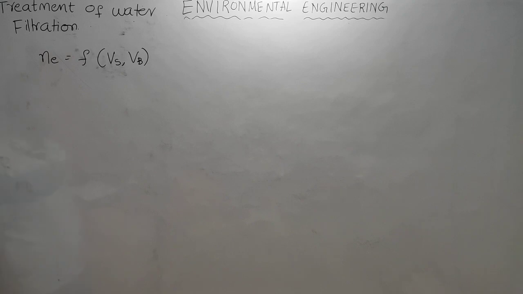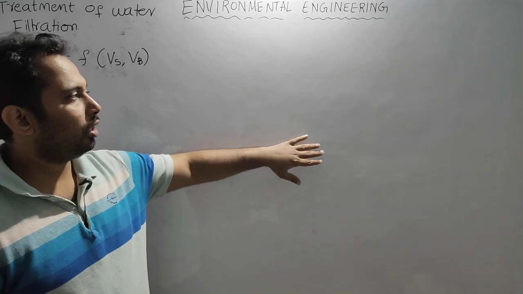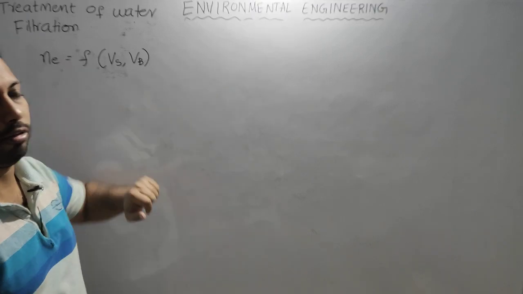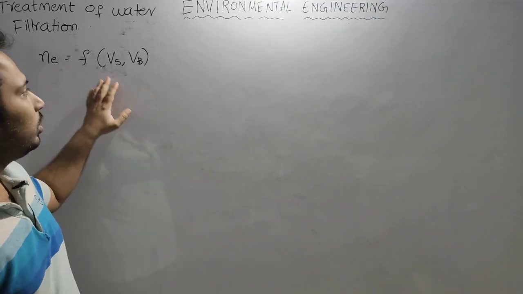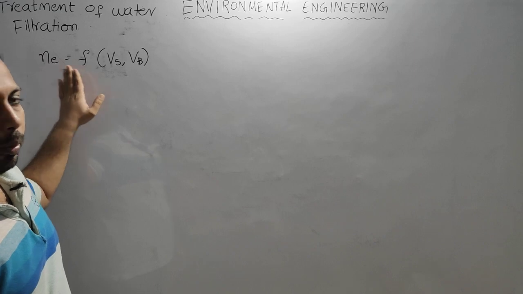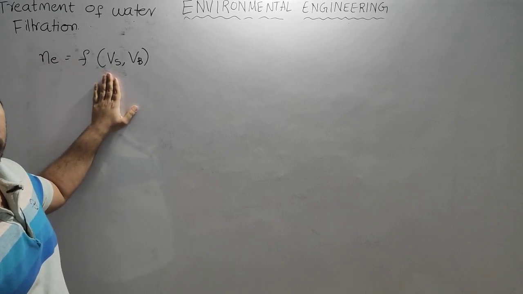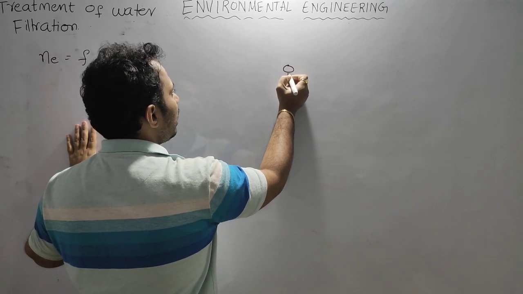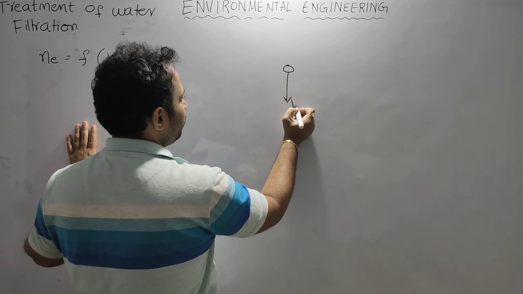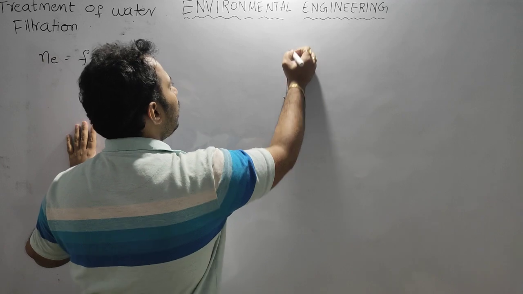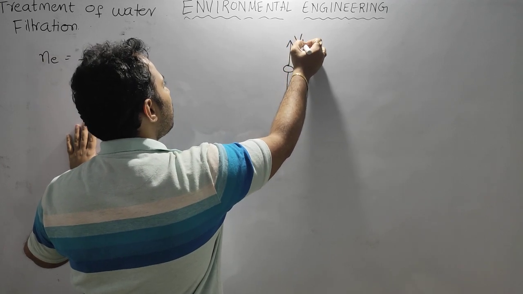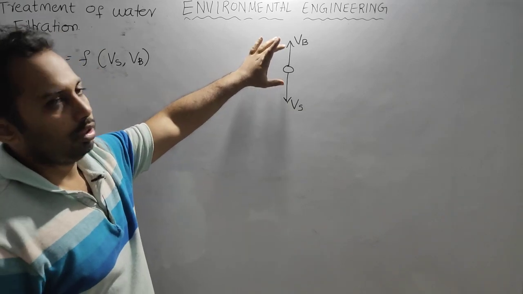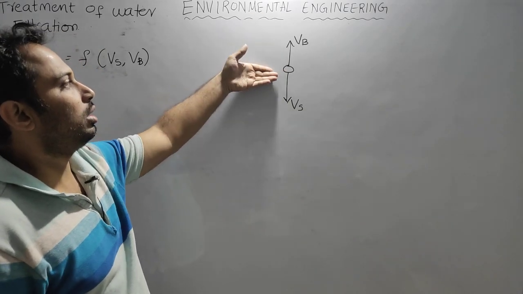Whatever head loss we are keeping is constant before and after the operation of backwashing. Settling velocity means the particle has a tendency to come down. And another thing which we are applying on the same particle is the velocity of backwashing. So of these two, whichever is more, in that direction the particle will move.